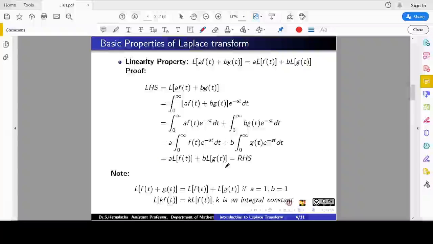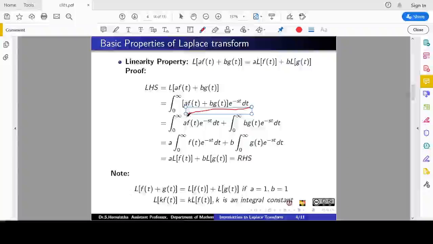Moving on to the properties. Now that the Laplace transform is defined, what are the properties that it satisfies? Basically any transform will start with the linearity property. By applying the definition, we get this second line.